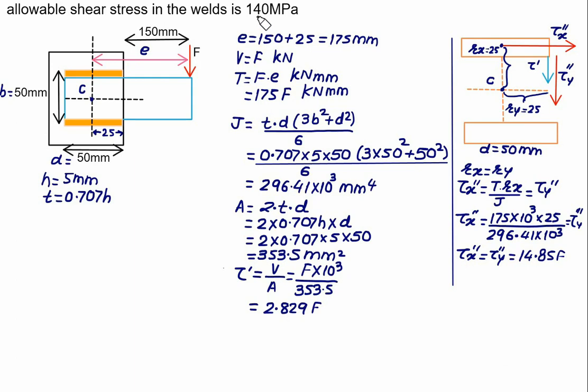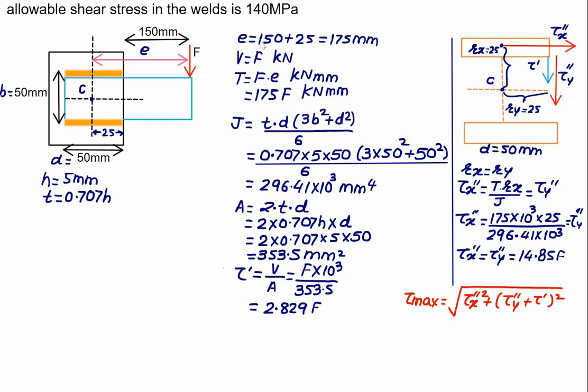The permissible value of the shear stress is 140, so tau max will be equal to the resultant shear stress, the square root of tau x double prime squared plus the quantity tau y double prime plus tau prime, squared.